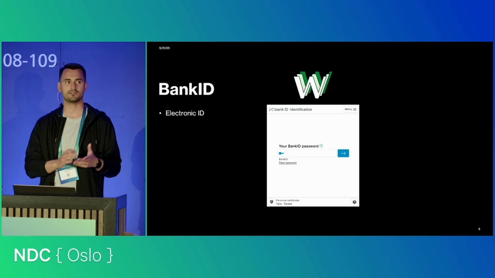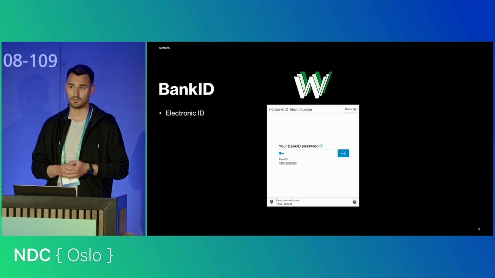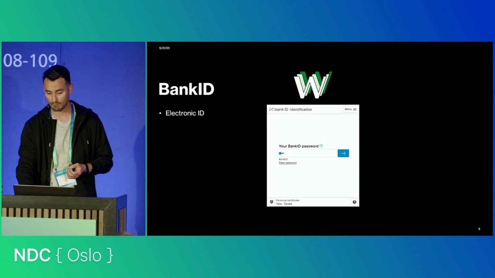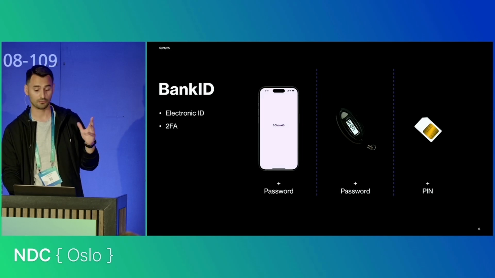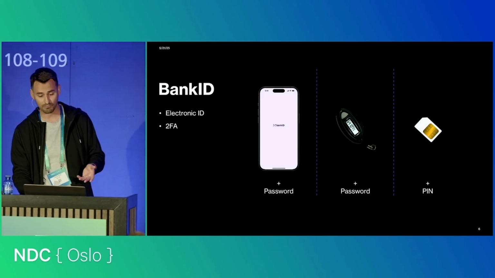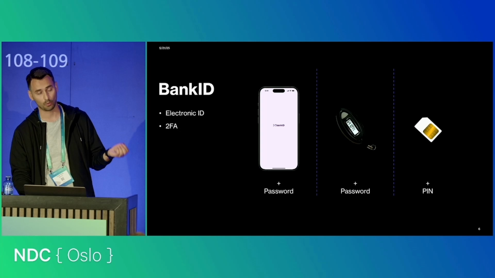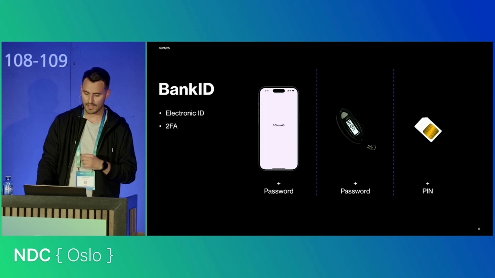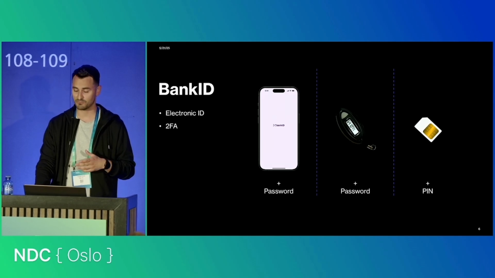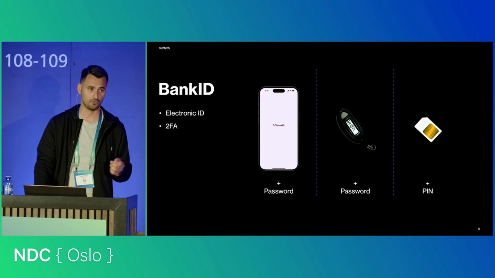Now, BankID is an electronic ID solution, so you can identify yourself on the World Wide Web. It uses two-factor authentication, where you can either use the BankID app, a dedicated hardware code device, or your SIM card as the OTP code generator, which is the first factor. And then you have a second factor, which is something password-like, such as a password or a PIN.